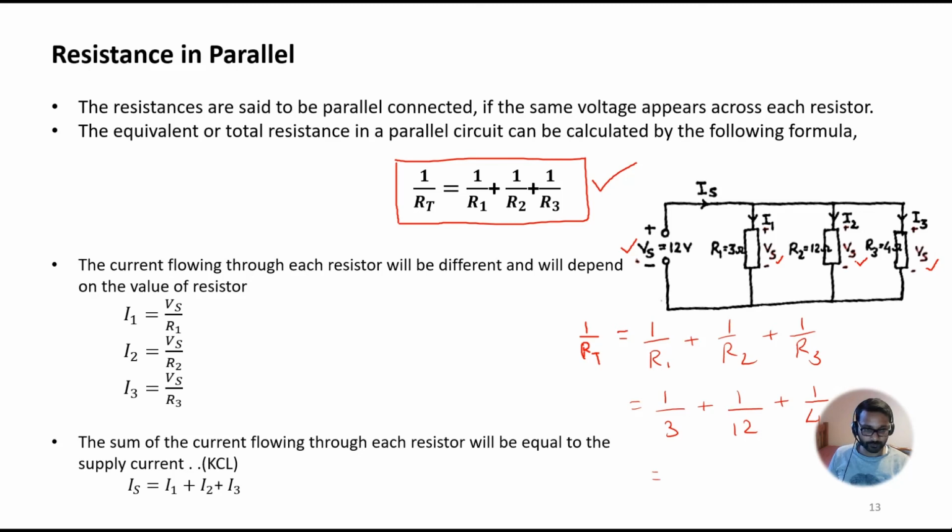Now you can solve it the way you like. You can use your calculator, but I'm going to solve it this way. I take the HCF, the highest common factor, and 3 multiplied by 4 is 12. So 4 will come in the numerator. 12 is as it is.